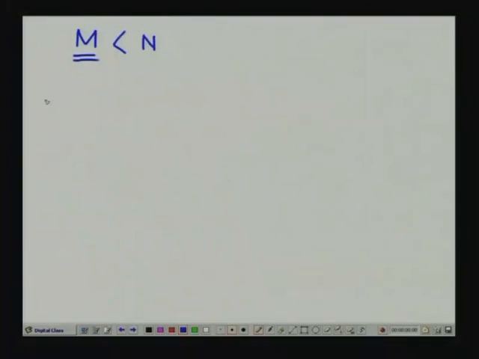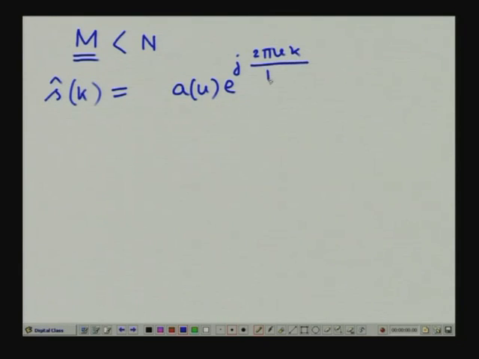So, that approximate reconstruction or approximate boundary points are given by s-hat of k equals the summation of a u times e to the power j 2 pi u k by capital N, where the summation is for u equal to 0 to capital M minus 1, and k will vary from 0 to capital N minus 1.